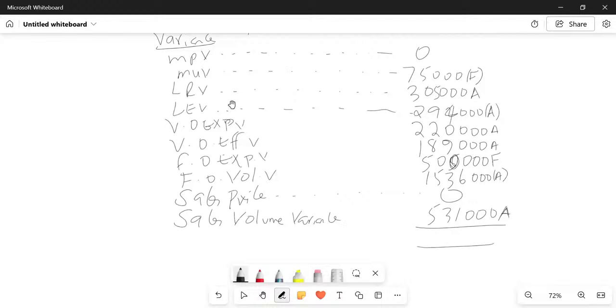So sasa unakuja hapa, ukuja hapa utupatie actual profit or a surplus.